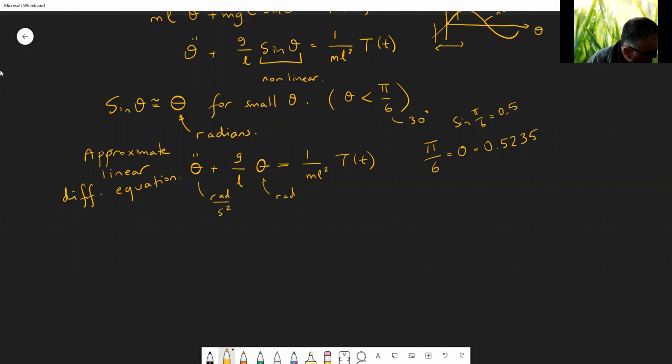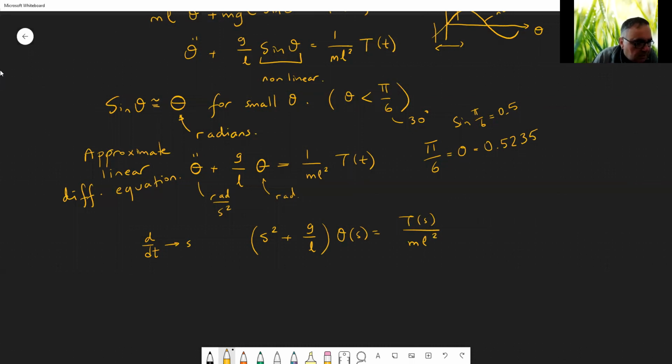This would be our equation, and we can represent the system if you replace d by dt by s. You can write the transfer function of this system, which would be s squared plus g over L, theta of s equal to T of s divided by ml squared.